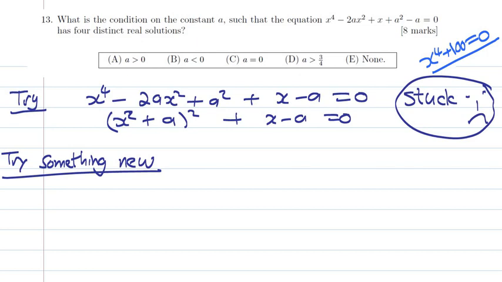So like the previous problem, we can try to manipulate it. So looking at this, it kind of makes sense to have x to the 4 minus 2ax squared plus a squared together, because then this becomes x squared minus a, squared. Apologies about that. That's meant to be a minus over there.